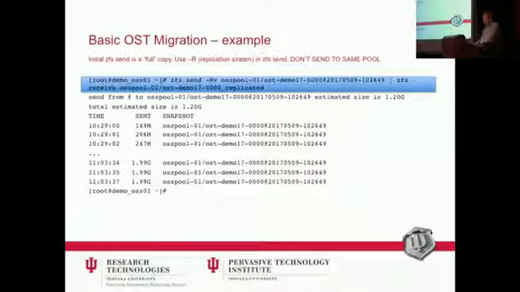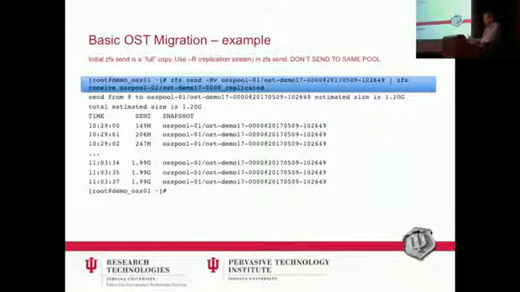So we typically use the same OST name with an underscore replicated, but again, you could rename the VDEV at that point if you wanted to. And then the verbose output will give you 1 second intervals to let you know data is being actively transported, and when it quits those outputs, the replication is complete.